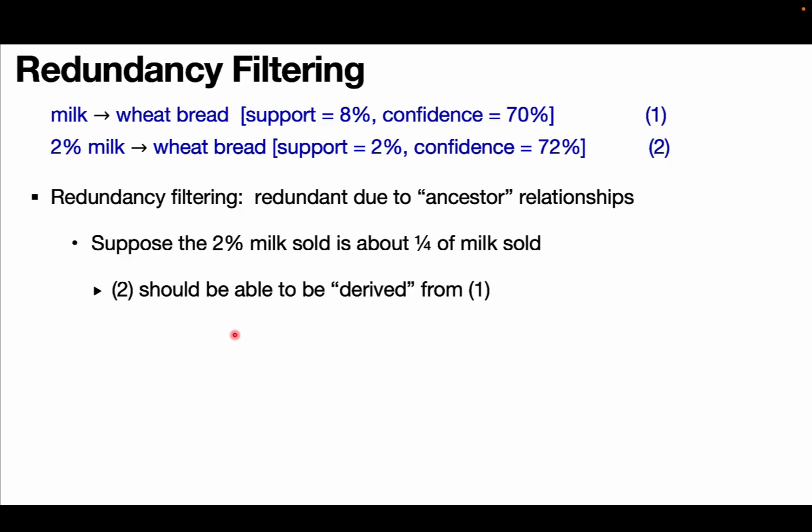However, if the subset rule deviates from what is expected, let's say the support of 2% milk implies wheat bread is 6%, that is much higher than expected. So such a deviation suggests unusual or surprising behavior which is worth investigation.